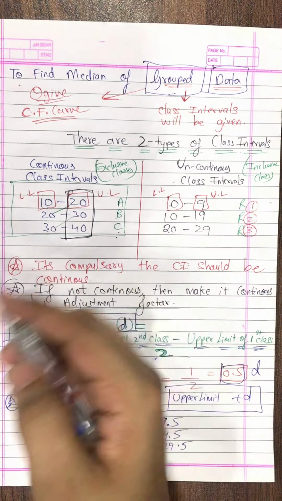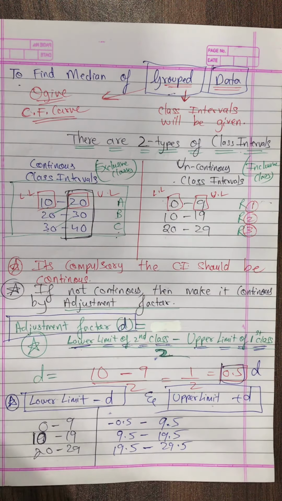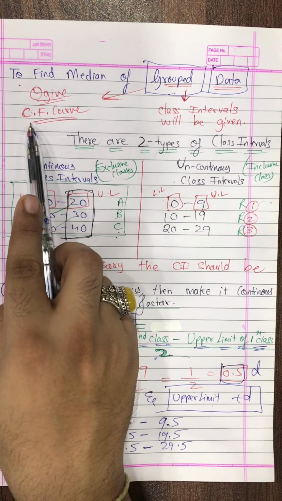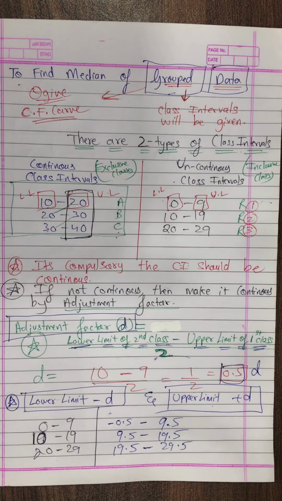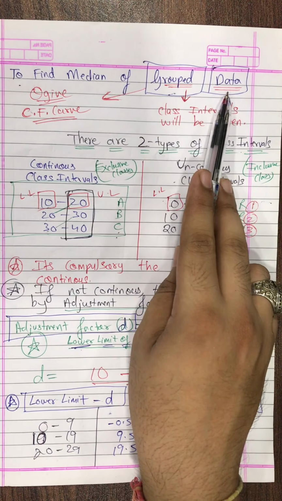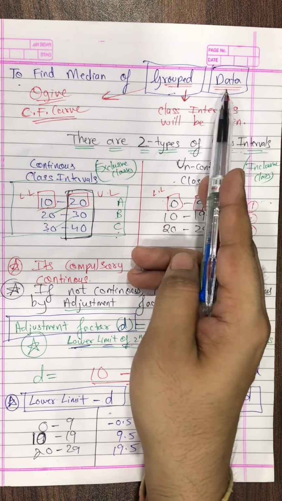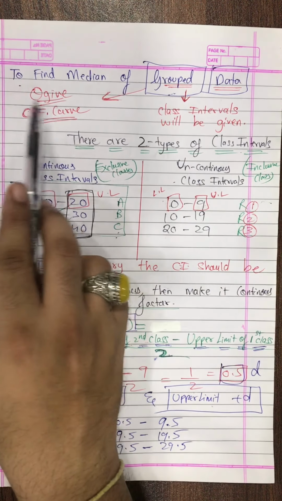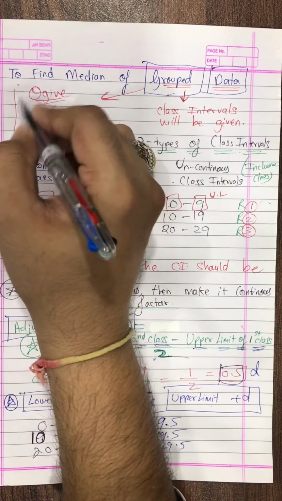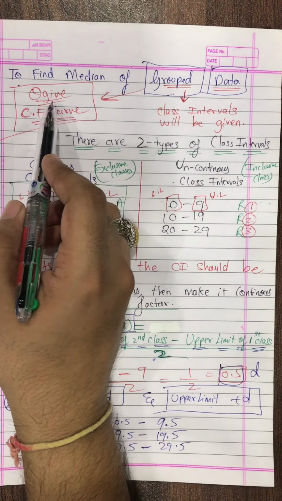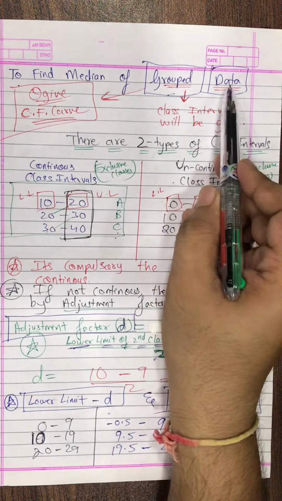Or second way, they will directly tell you draw ogive. Or third way is they will say draw cumulative frequency curve, CF curve. All mean the same. To find median of group data means we have to draw ogive only. There is only one way. So please write these 2 terms. Ogive itself means we are finding median of group data.